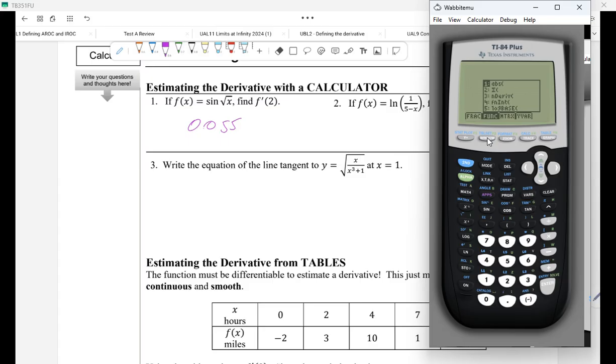So if you go down to 3, you'll get a nice looking screen that kind of looks like what you were expecting to write. It will allow you to use any variable you want there. So we're going to use x because why not? You'll notice it's using our other notation, the ddx notation.